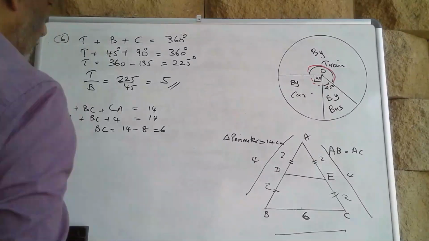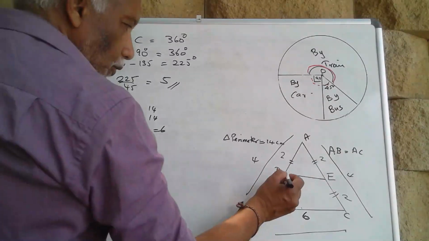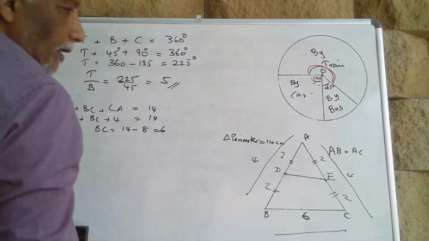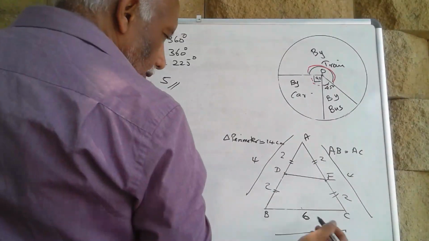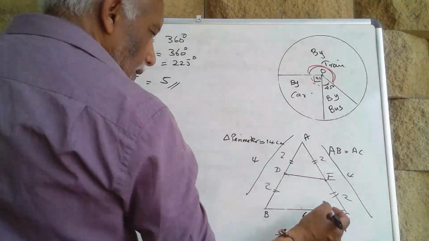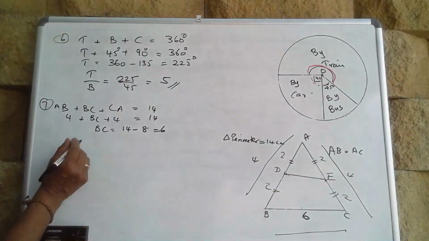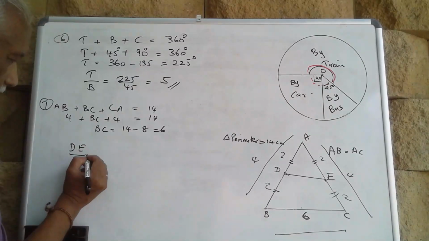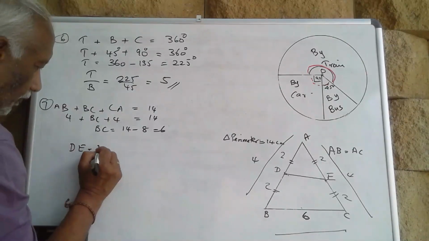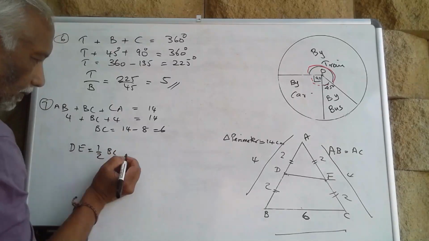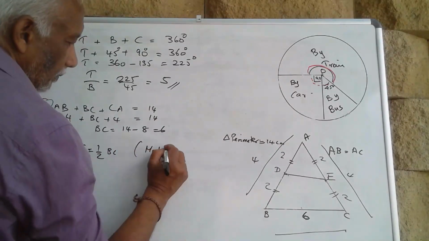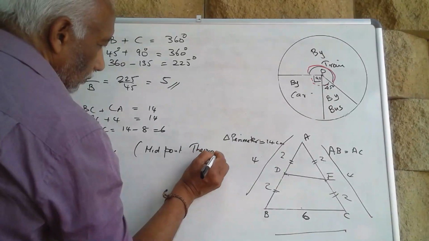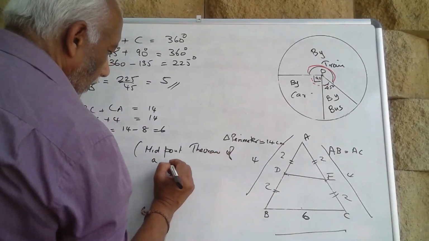If these two points are the midpoints of a triangle, the law says DE must be half of BC. DE equals half of BC, the midpoint theorem of a triangle.